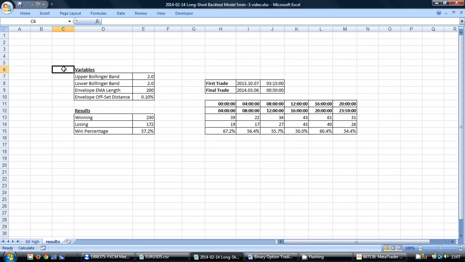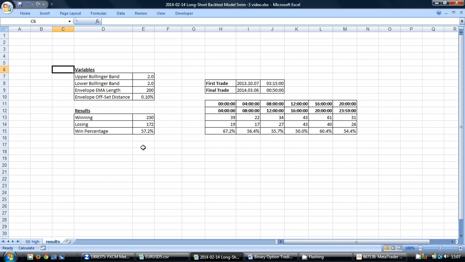Generally speaking, I would prefer not to. I prefer to have a strategy that naturally works well without tweaking the variables, especially on this sort of time frame. It's a good trading strategy that is relatively profitable.